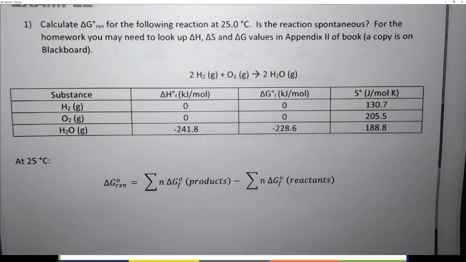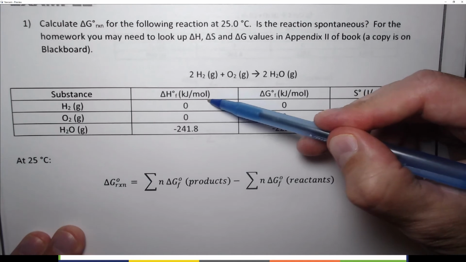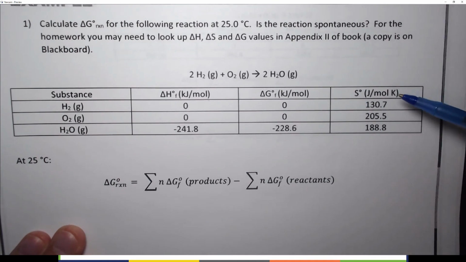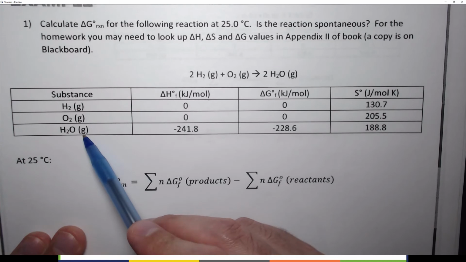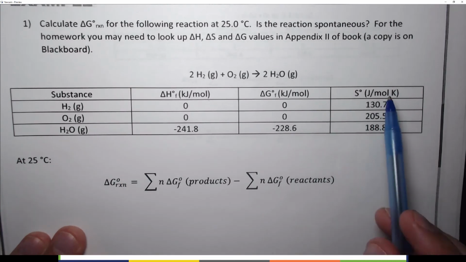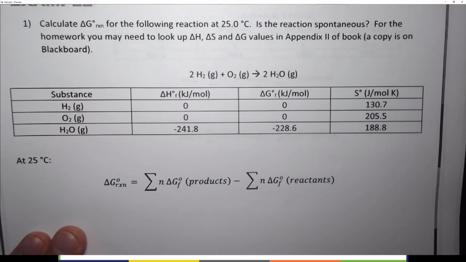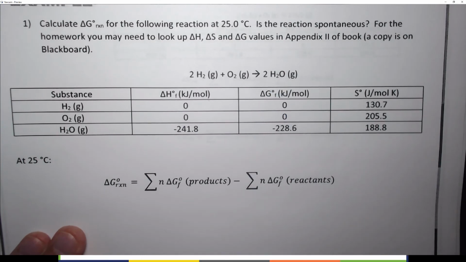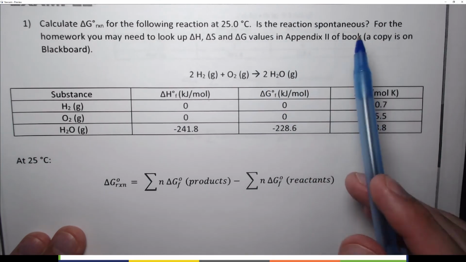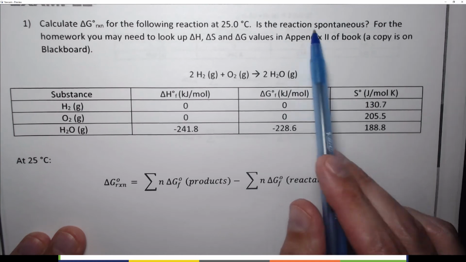So in this table, we're given the delta H's, the delta G's, and the S's for hydrogen, oxygen, and water. You'll recall that in a previous section, we calculated the entropy for the water reaction. So you can look these up in tables. This is for a specific book, Appendix 2. I don't know which appendix it's in.